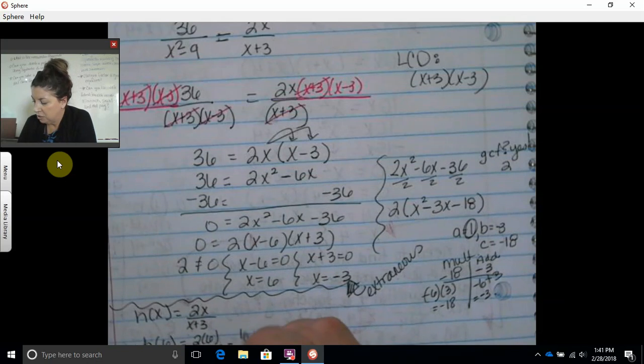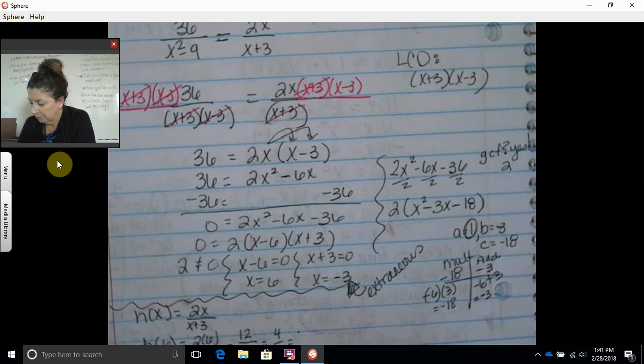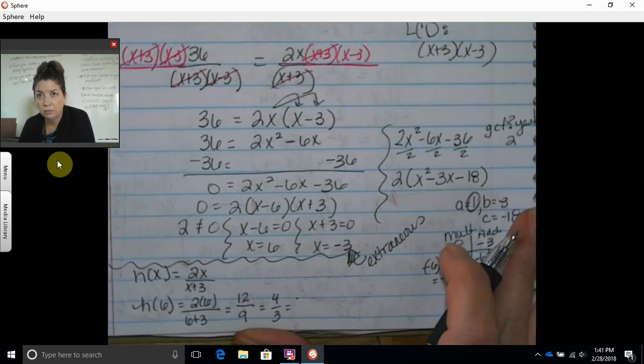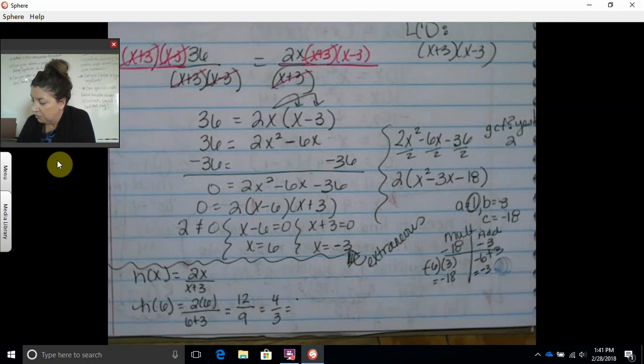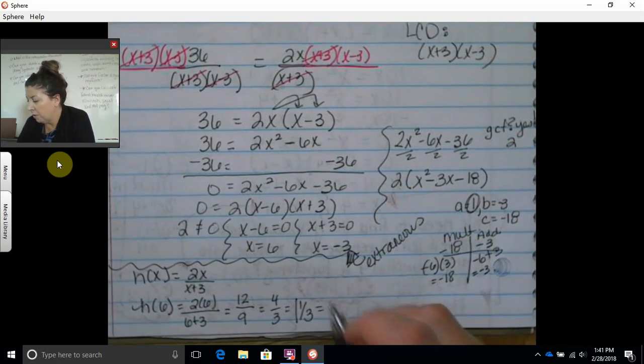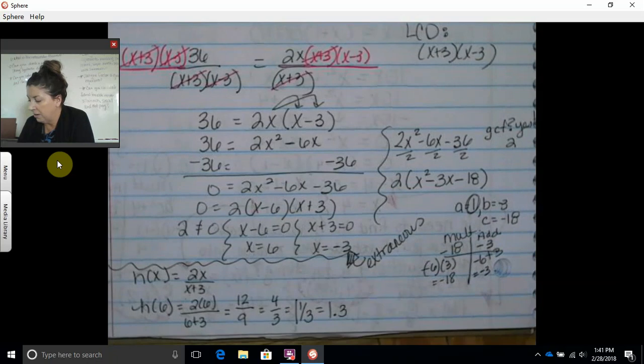So 2 times 6 is 12 over 9, which reduces to 4/3. Or you could write 1 and 1/3, or approximately 1.3, doesn't matter.